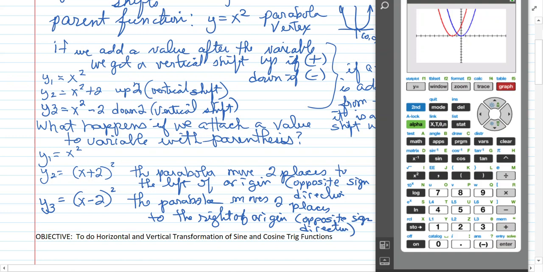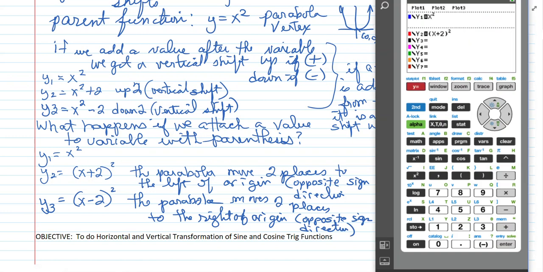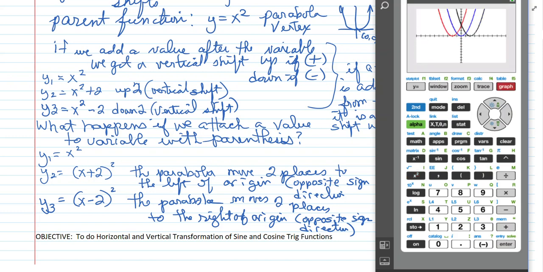All right, well, let's figure it out. We go to y3, enter open parenthesis, x, minus the 2, close parenthesis, and the x squared. Everybody got that? Now remember, you can pause this anytime you choose. And sure enough, it moved to the right 2.